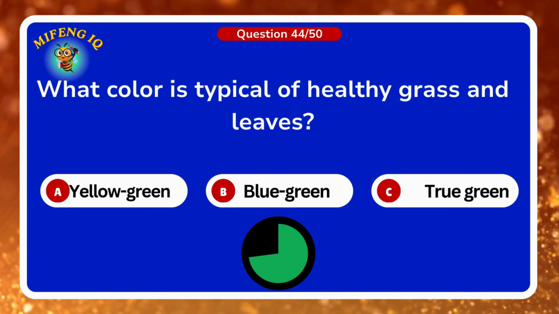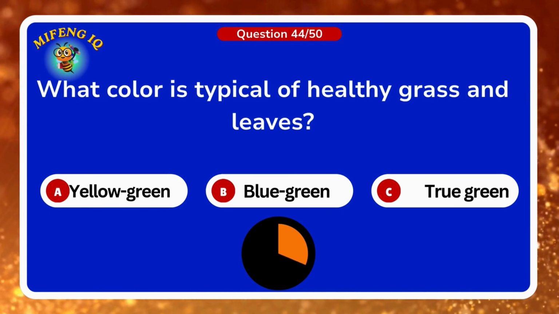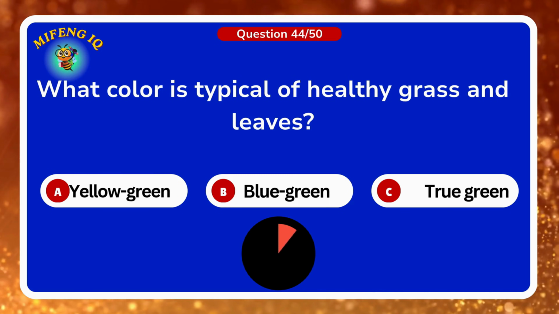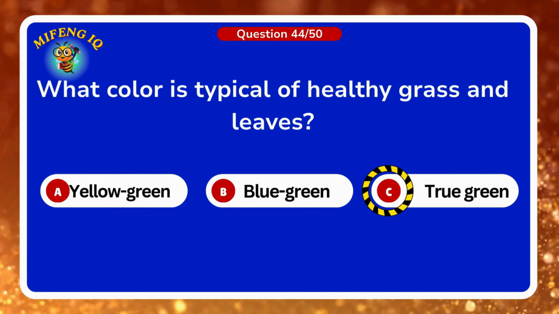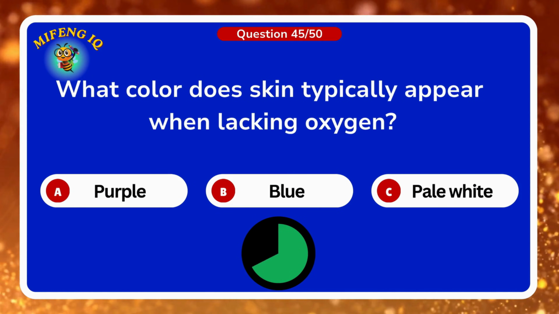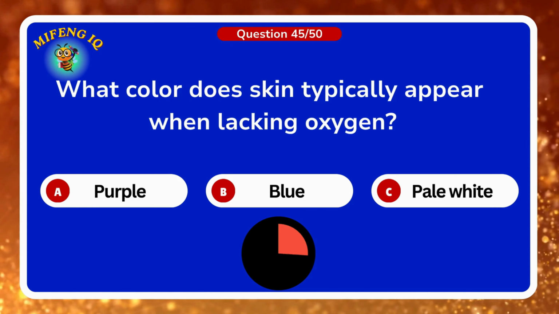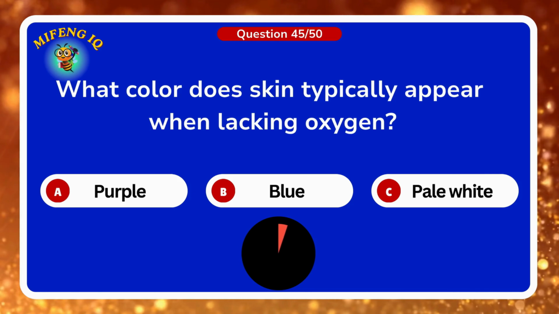Color of typically healthy grass and leaves. Option C. What color does skin typically appear when lacking oxygen? Blue.